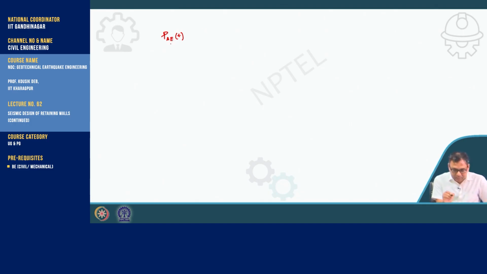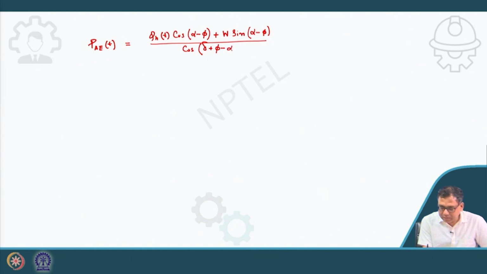The total dynamic and static force PAE will be equal to QHT cos(alpha minus phi) plus W sin(alpha minus phi), divided by cos(delta plus phi minus alpha).